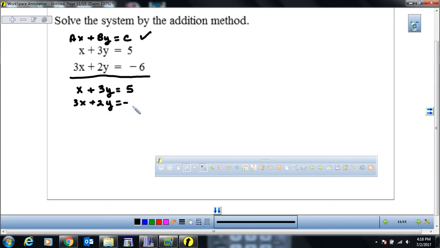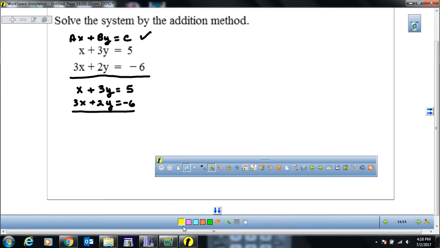The second step in the process tells me that I need to multiply one equation or both by a number so that the x's or the y's cancel out. Let's say I want to cancel out the x's. What do I need to multiply so that the 3 and the 1 have the same number but opposite signs? Multiply the smallest one first.